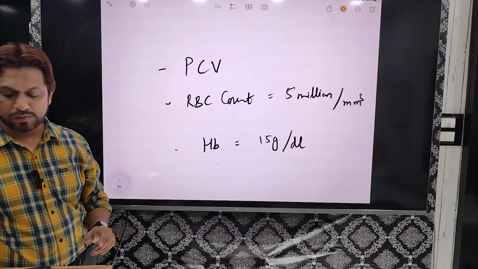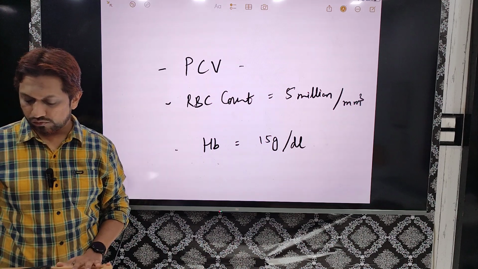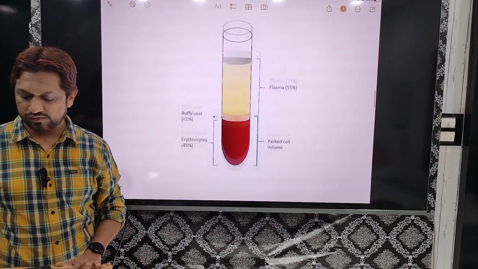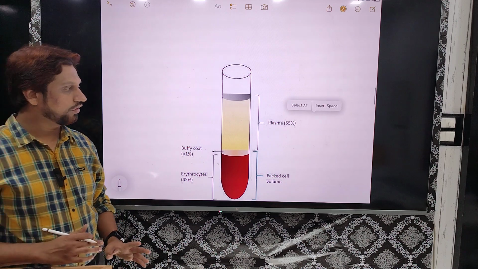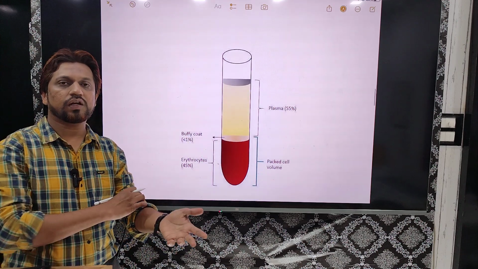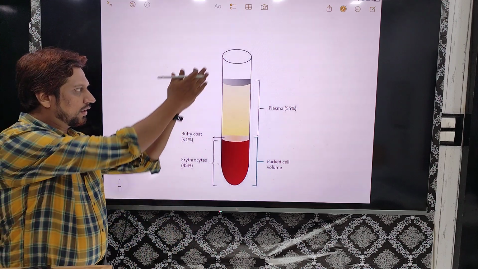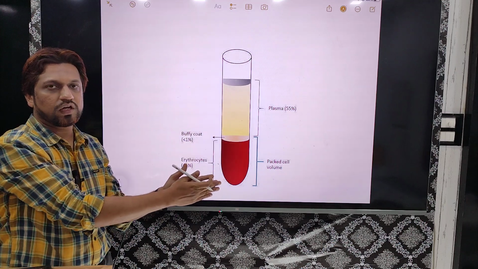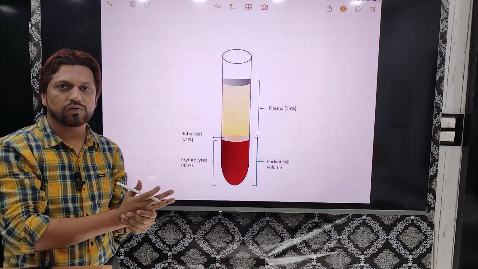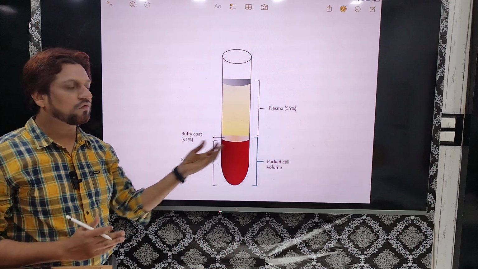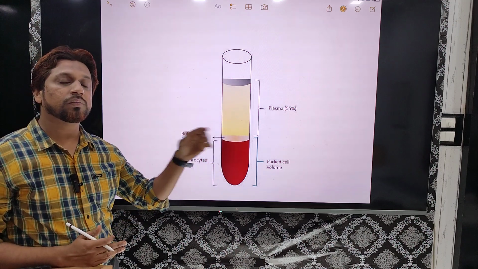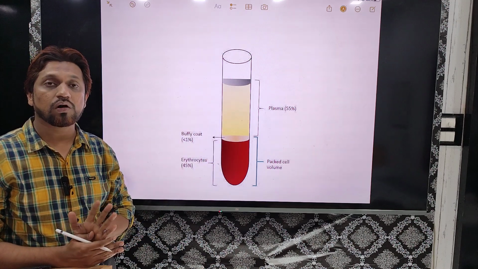Now what is this PCV or the packed cell volume? To understand this, let us first understand the procedure. If we take out the blood and keep it in a test tube, a hematocrit tube or a Wintrobe's tube, and allow it to settle for 30 minutes, and most importantly it should be anticoagulated blood, that is, the blood should not coagulate.